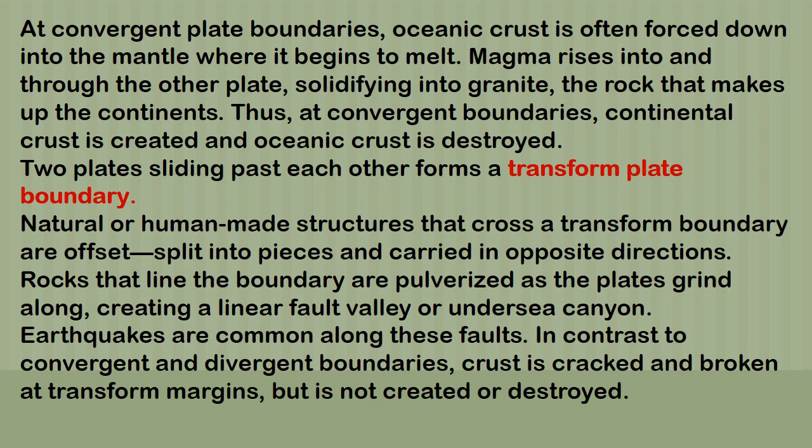It means at transform boundaries there is no creation and no destruction of crust or the oceanic floor, and hence these boundaries are neither constructive nor destructive. Convergent boundaries are destructive, but they are creative also, because they create volcanoes, arcs of islands, and mountains.